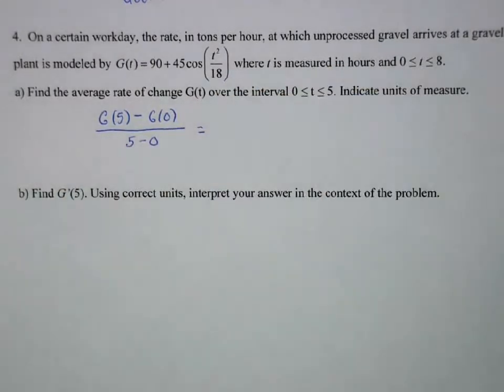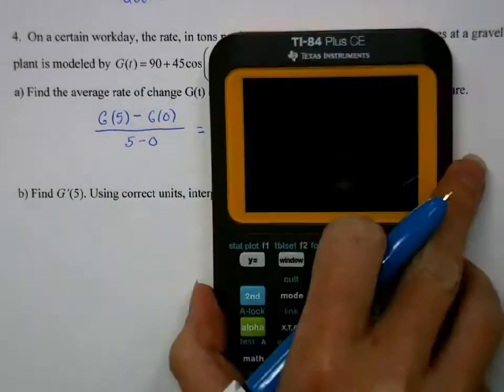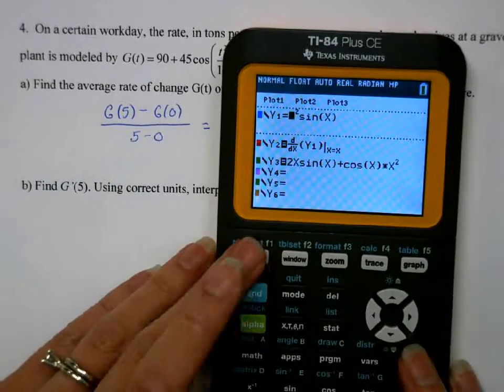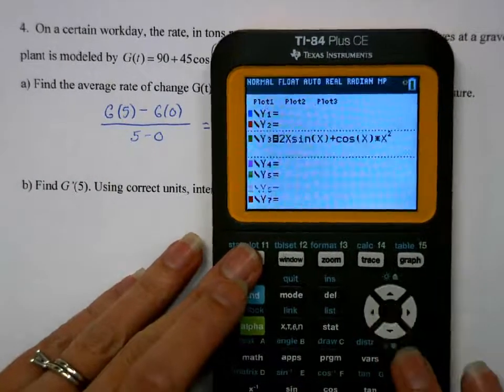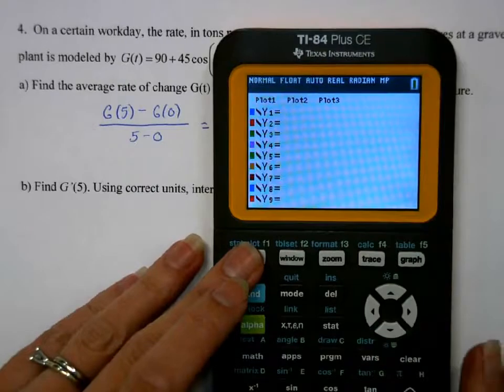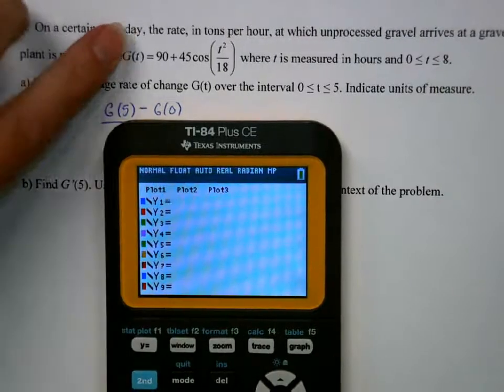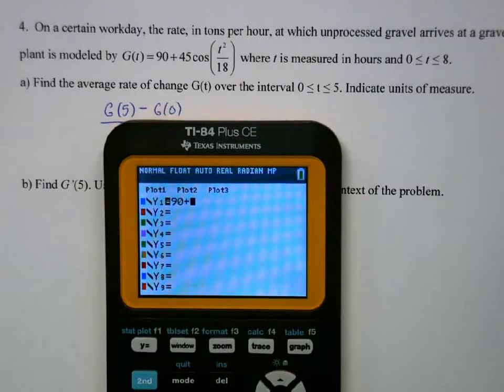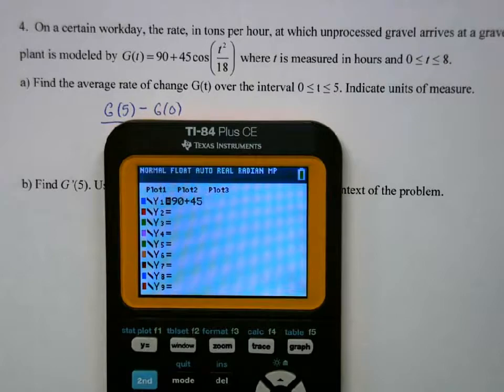So what I'm going to do here in the calculator, get rid of anything you have in your y equals, I want you to put this equation. So 90 plus 45 cosine x squared over 18.